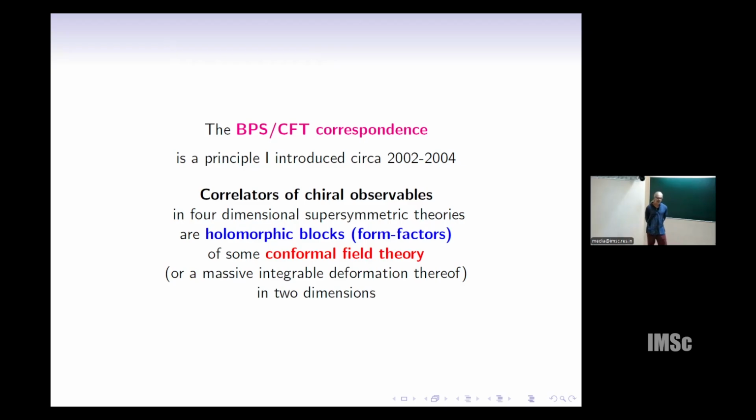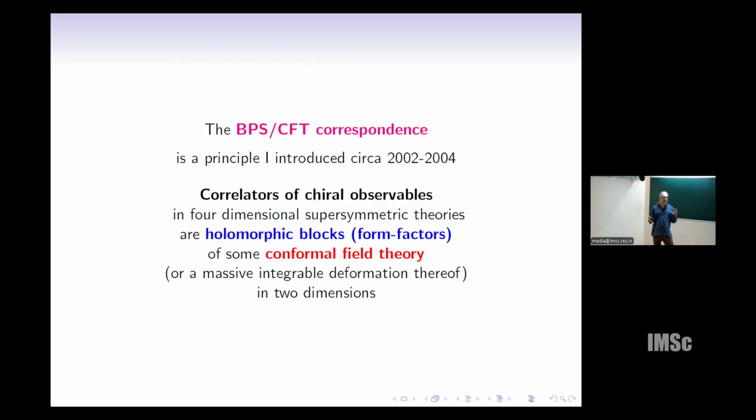that certain exactly computable correlation functions in supersymmetric gauge theories are not only computable, but what they're equal to happen to be correlation functions, or more precisely conformal blocks, of two-dimensional conformal field theories, or the integrable analogs.